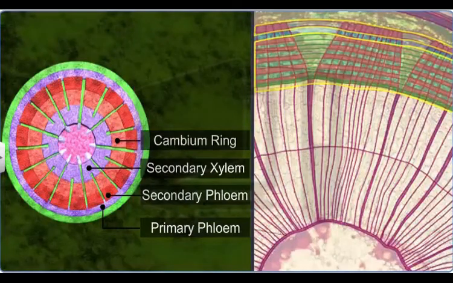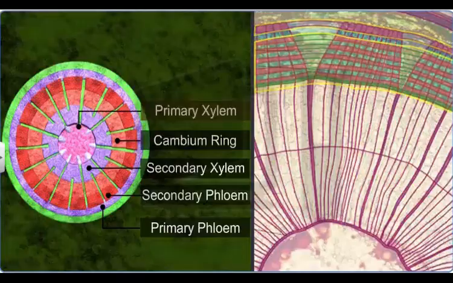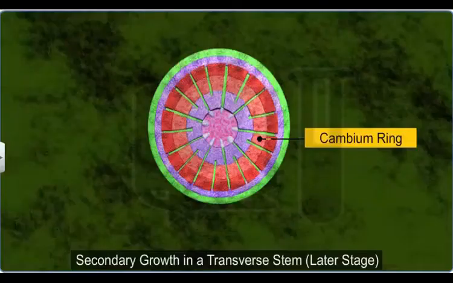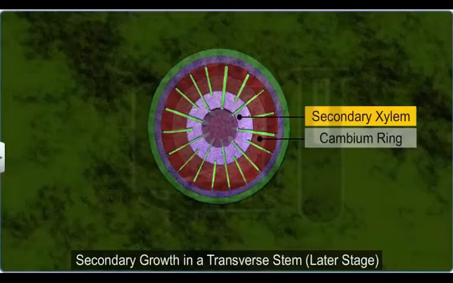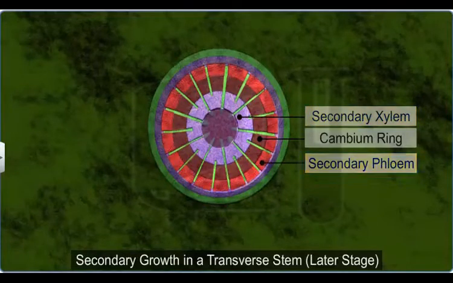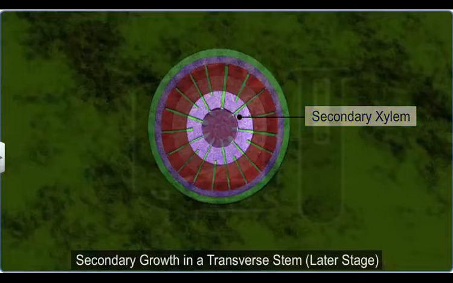However, primary xylem remains intact in the center. The cambium also forms a narrow band of parenchyma at some places. This band passes through the secondary xylem and the secondary phloem in radial directions and is called secondary medullary rays. The secondary xylem tissues formed during cambial activity give rise to commercial wood.